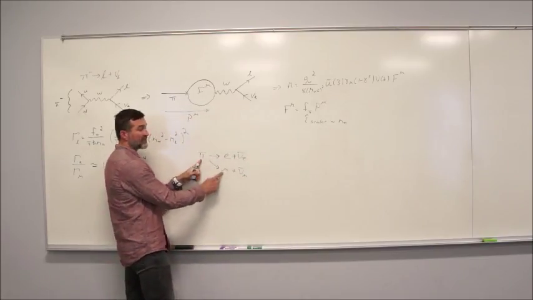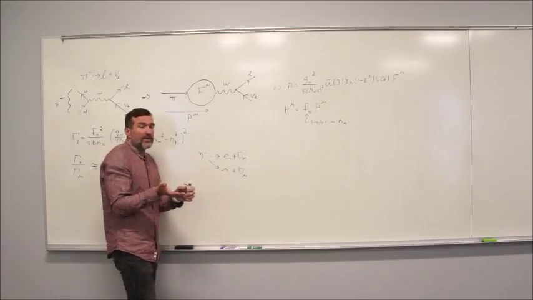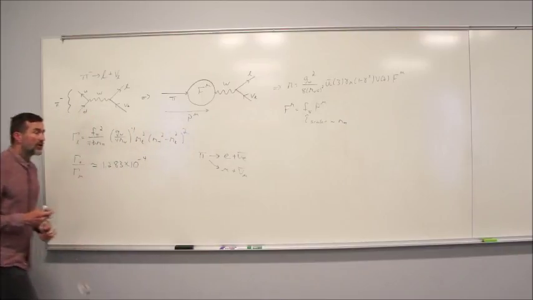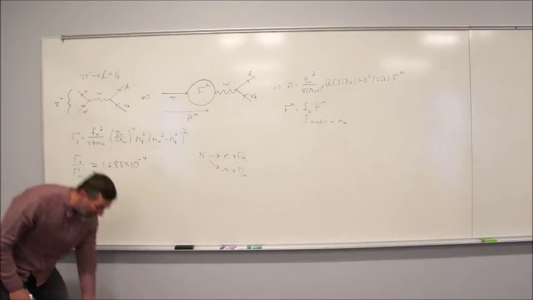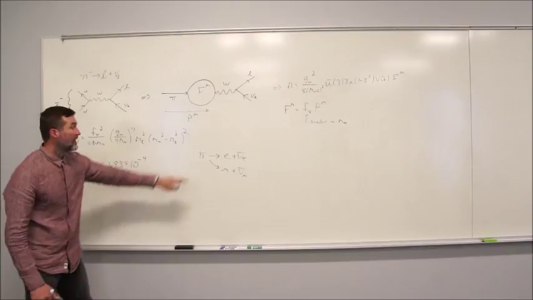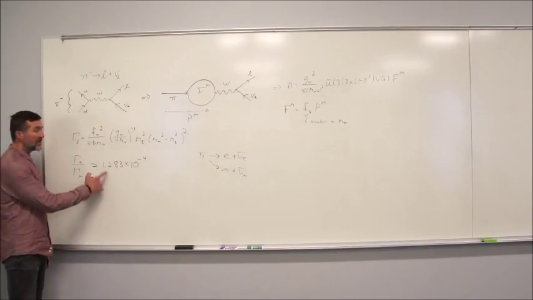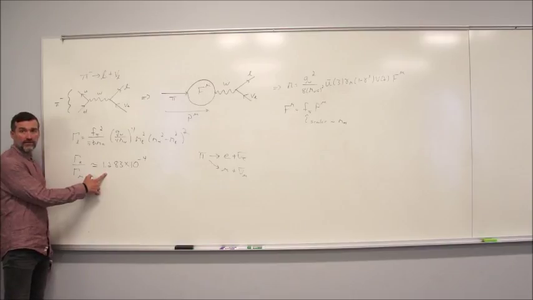But if the mass difference is small, you've only got a little bit of energy left over to distribute, so you have fewer ways to do it. So just in terms of phase space size, we would expect this to be a lot more common than this, but the calculation seems to be saying otherwise.